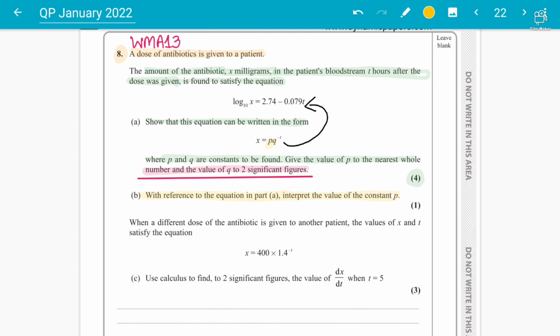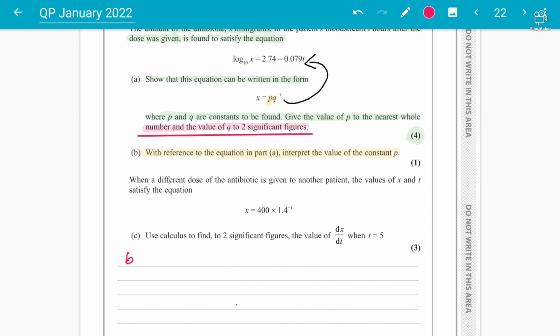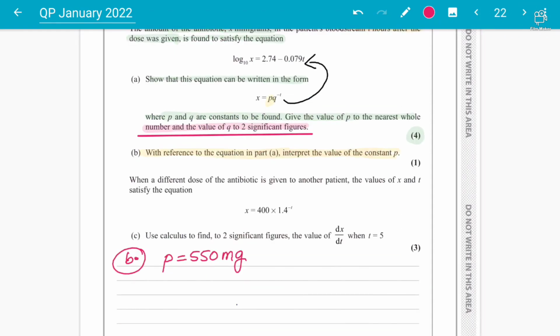So it means when the TRs are 0, when the dose was not given, P is the amount of antibiotics in milligrams in the patient's bloodstream at the start. So let's write this answer here, that P from part B answer is equal to 550 milligrams, that is mg. 550 milligrams is the amount of antibiotics that the patient receives at time 0, because it's the constant value at the y-axis when x is 0.